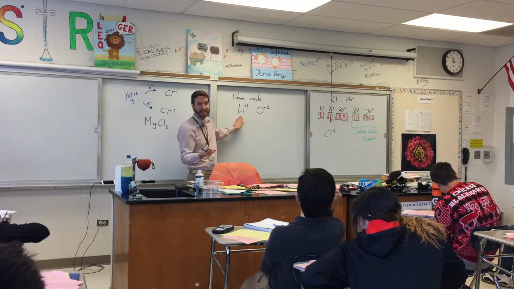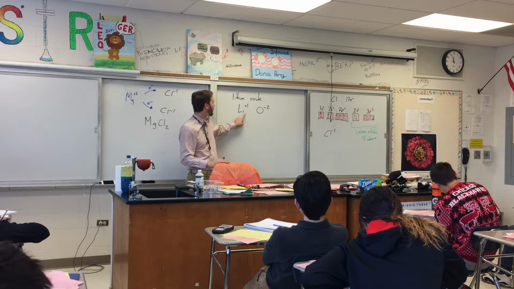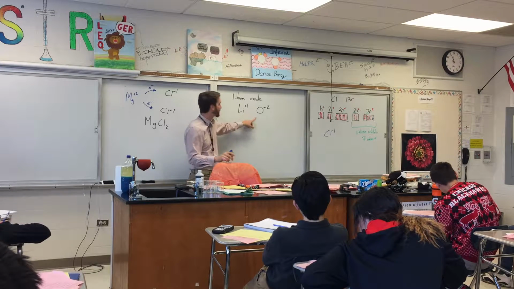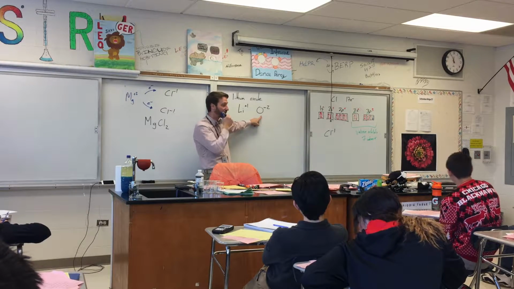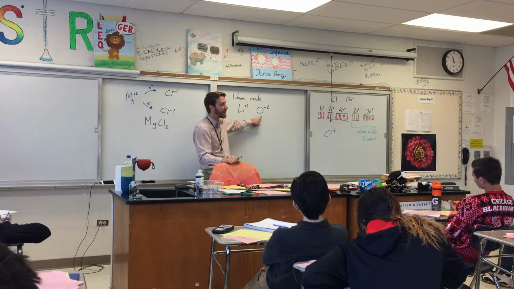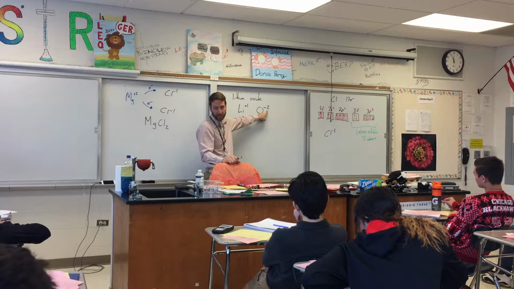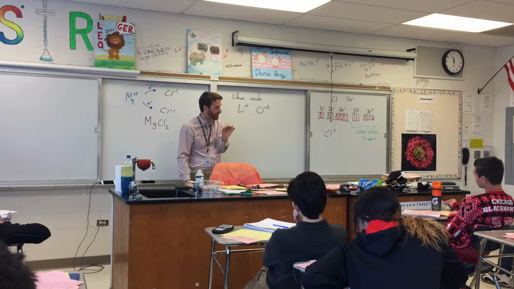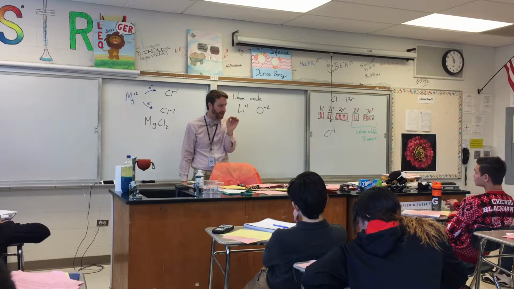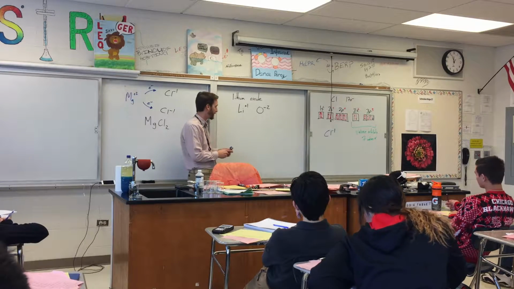The nearest noble gas is helium with 2, so it's got to get rid of 1, making it a +1 charge. Oxygen has 8 electrons. The nearest is neon with 10. It needs to gain 2 to be like neon, -2. Okay? Because you're not going to have your periodic table with the charges on the exam, right? You're going to have to remember why those charges are what they are.